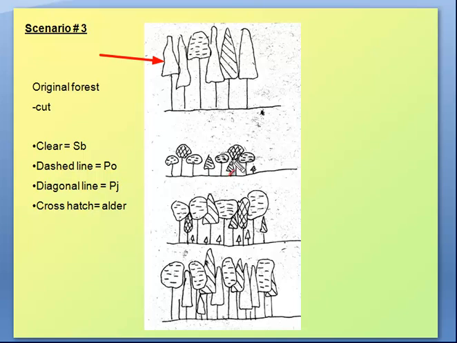Also, lots of light. Then another 10 years, 15, 20 years go by, and look what happens to the alder. It's getting squeezed out. It's starting to become an intermediate, or if not suppressed type of tree, as the poplars start to take off, the jack pine are taking off, and now we have some good height.